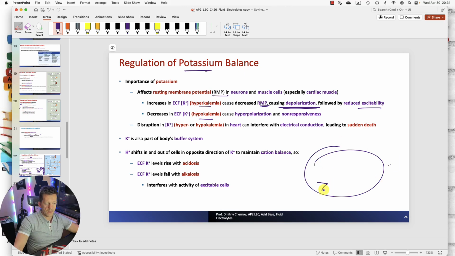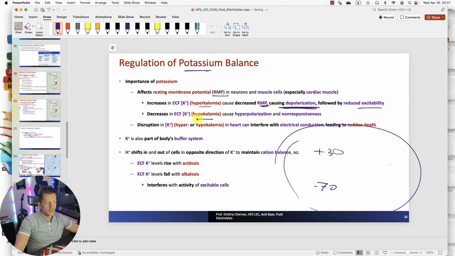Cell minus 70, right? Plus 30. Now you have hypokalemia. Now you have low potassium, which is normal, but it's very low, below normal, and now there's going to be more potassium leaving the cell, right, because there's hypokalemia.